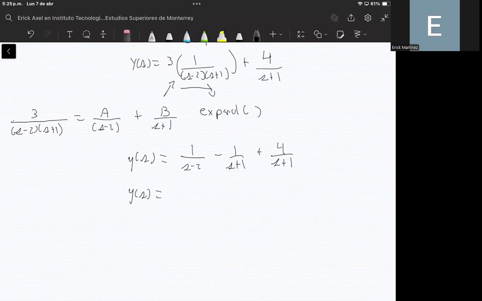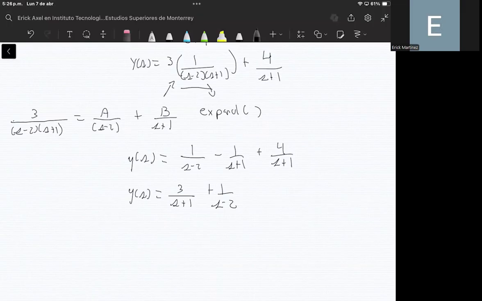We can simplify this as 3 divided by s plus 1, plus 1 divided by s minus 2. With this simplification, we can now compute the inverse Laplace transform.